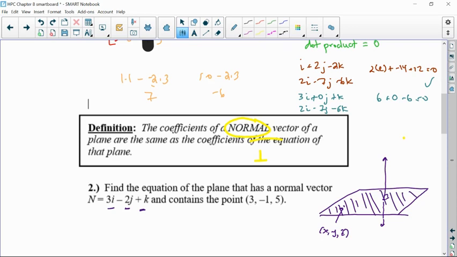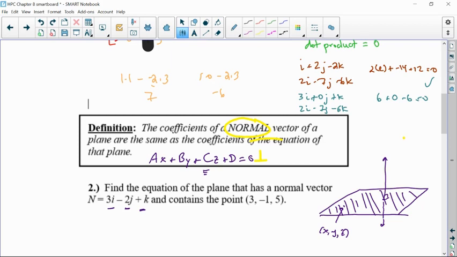A generic equation of a plane is some coefficient a times x, plus some coefficient b times y, plus some coefficient c times z, plus d equals 0. So it's kind of like a line, ax plus by, but with one extra dimension, the z dimension, because there are three components. So we will define planes based on that normal vector.